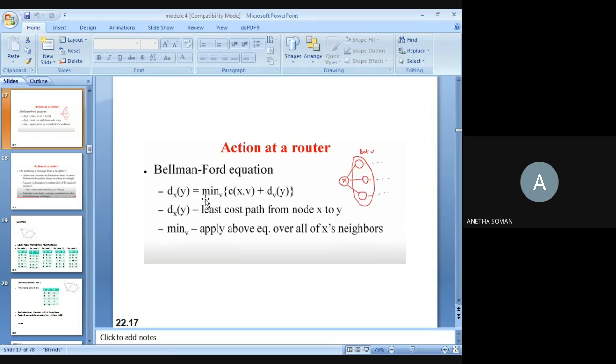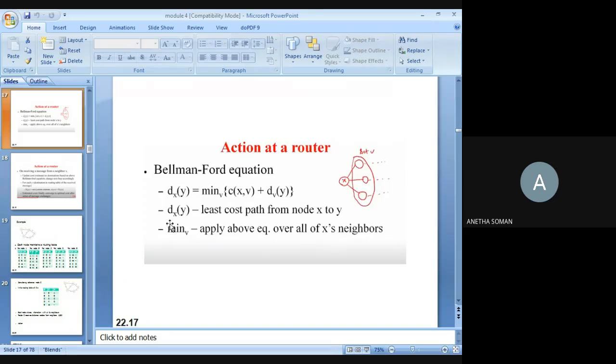To find the least cost path, you have to find the cost of x going to a neighbor. It may be 2 neighbors, 3 neighbors. You find that cost plus the cost of reaching your destination from that neighbor. The minimum value of that should be taken, and from that you will find the least cost path.